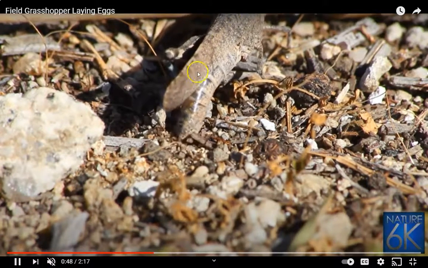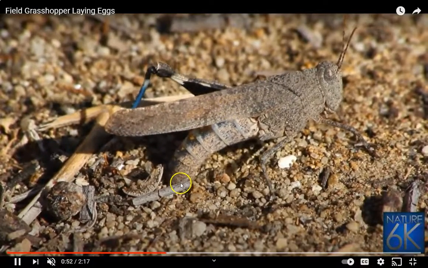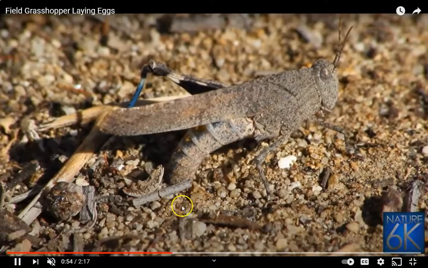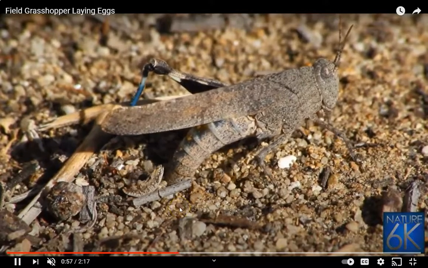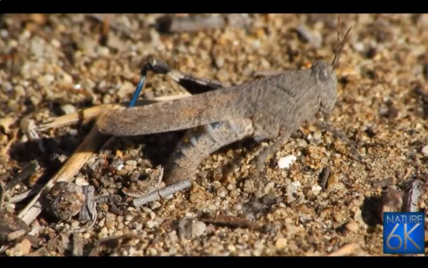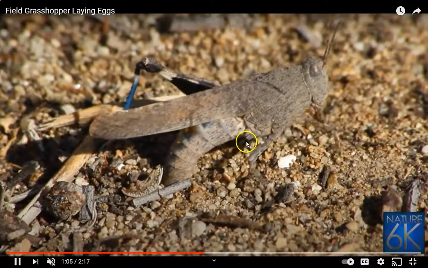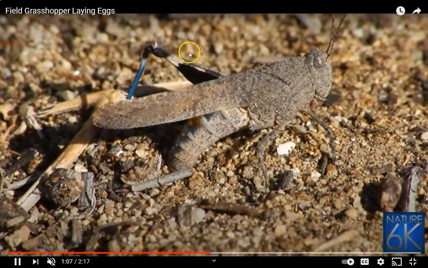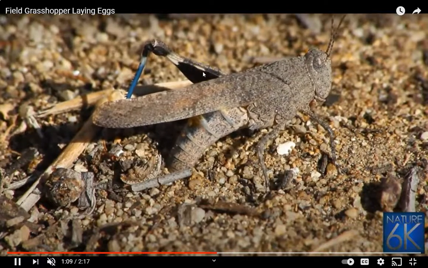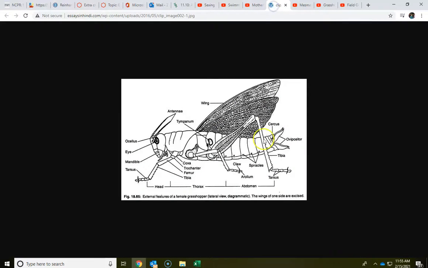There's the forewings spread over the hind wings, and she is just burrowing down into the soil to lay her eggs. And those ovipositors are helpful in that process. Looks like she is missing one of her legs here. Yeah, the jumping legs. So that's the ovipositor. Okay. Again, found here on the posterior end of the animal.